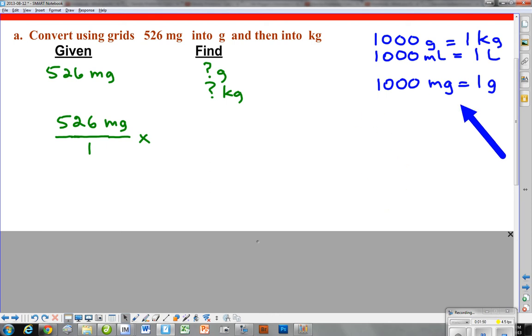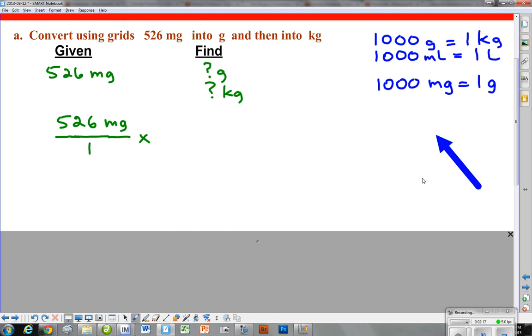So I look for something that has milligrams on one side and grams on the other. And the bottom one is it. Now this one isn't going to help me because that's liters. And this one won't help me, at least in the first part of my problem, because this is grams to kilograms. And right now, I'm going milligrams to grams. So I just happen to have an equality here that will work for that.